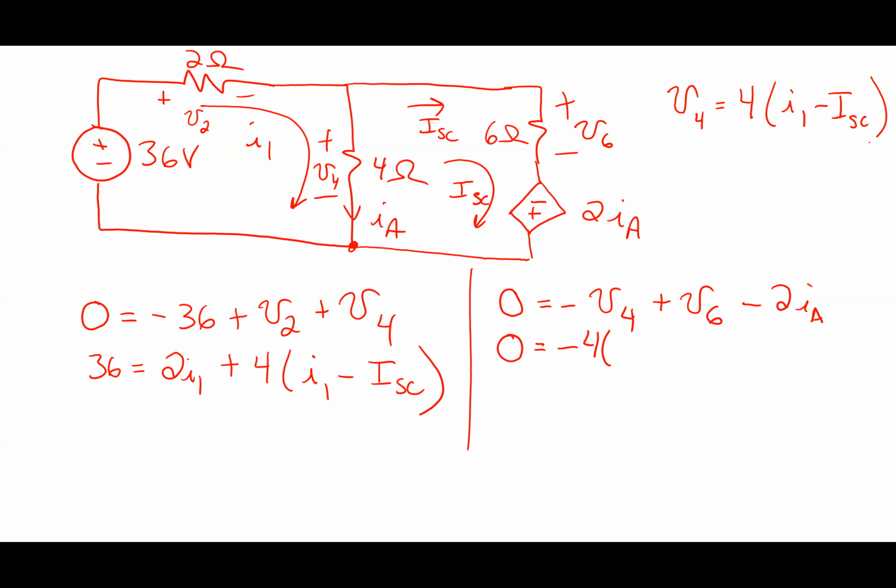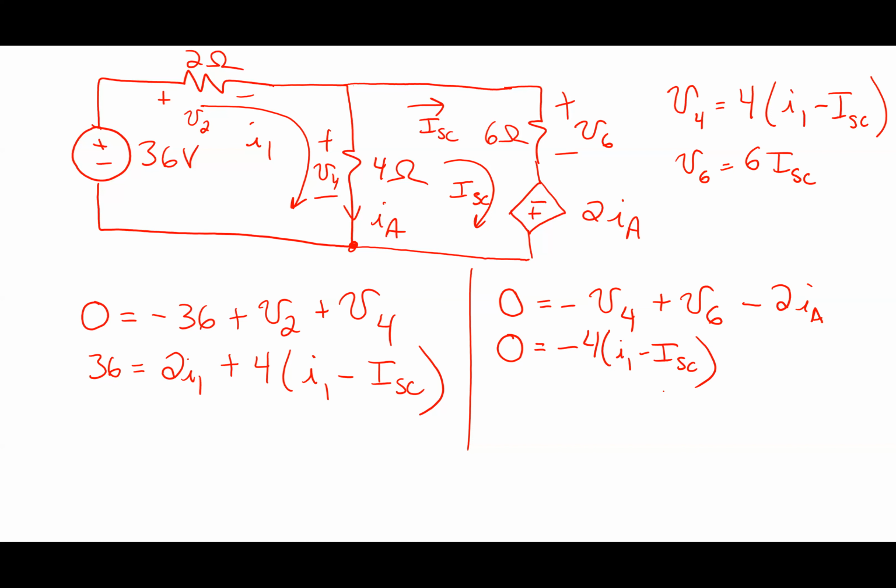To be clear about that, V6 would be equal to 6 times I short circuit. So when I write this out, I say minus 4 times I1 minus I short circuit. I like to write it down so it makes it easier for me in my small brain to track the minus signs, because there's lots of them here.